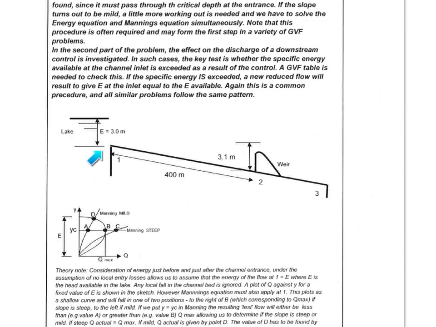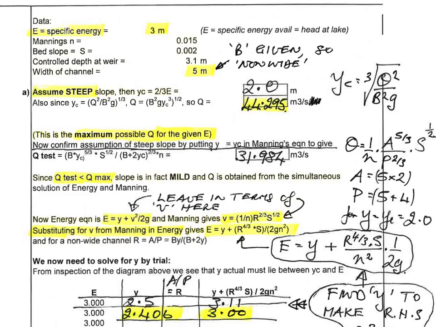Just to see how this works out, let's take this problem here which has got an E of 3 meters at the entrance to the channel, and let's just see how we would estimate the actual flow. We're given the slope and we're given Manning's n. In this example, actually, we have a non-wide channel, so very slightly more involved than if we had a wide channel. But the first thing we do is calculate yc.